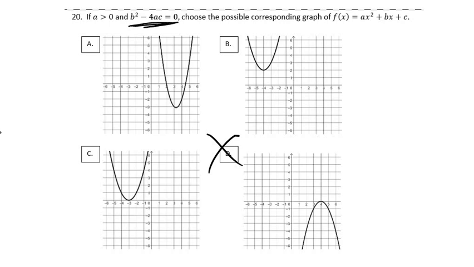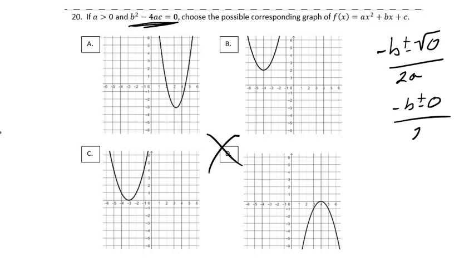My discriminant is 0. So if I'm looking at this in my quadratic formula, I know the square root of 0 is 0. And it doesn't matter whether I add 0 or subtract it. I'm only going to have one real solution, so one x-intercept. So that leaves me with C for my answer.